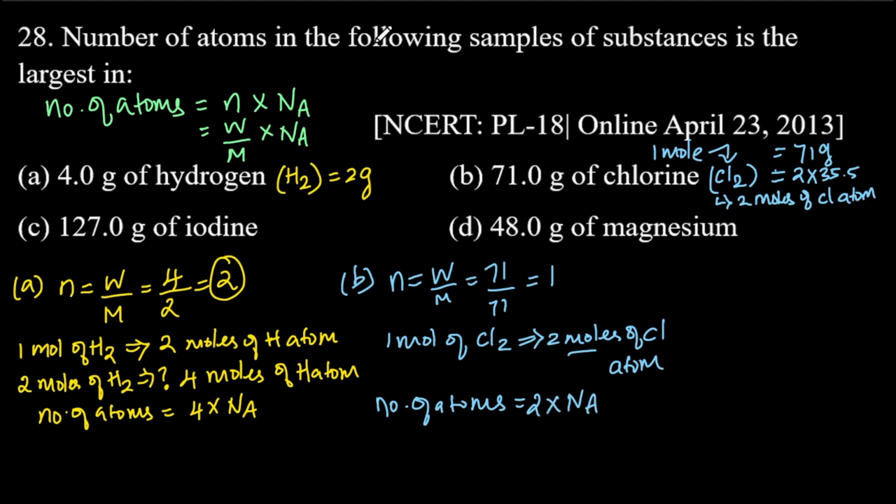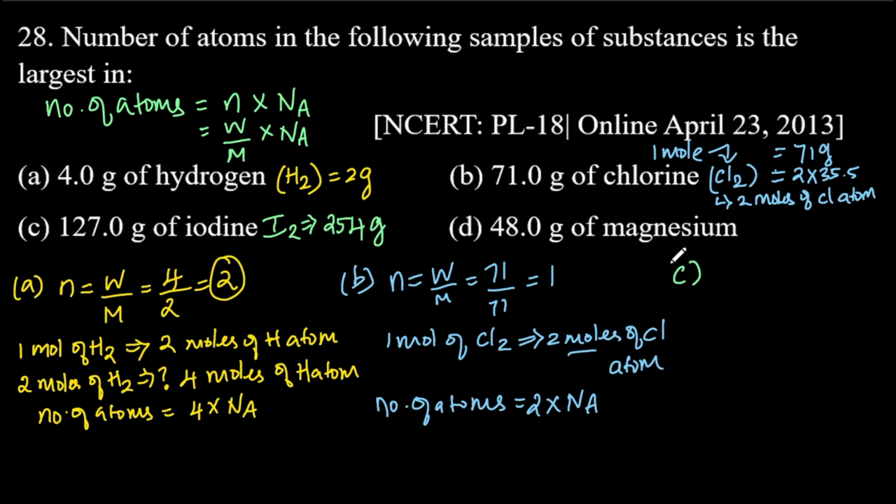So going to the third option, 127 gram of iodine. Iodine exists as I2. Mass of iodine is 127 and the molar mass of I2 is 254 gram. It is same as chlorine. 1 mole of this I2 contains 2 moles of iodine atom.